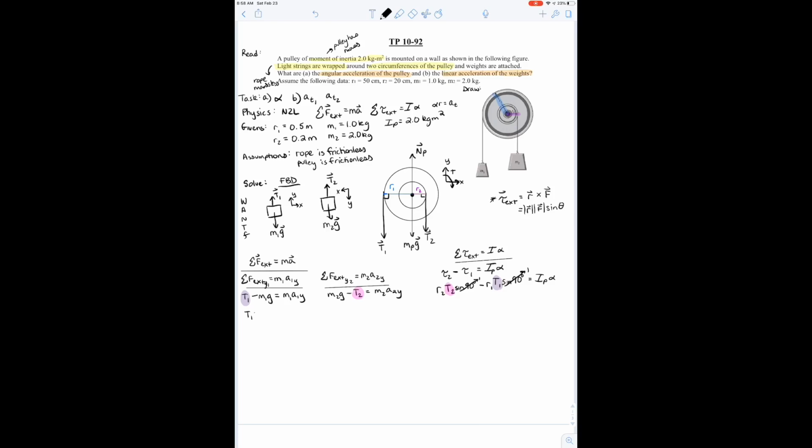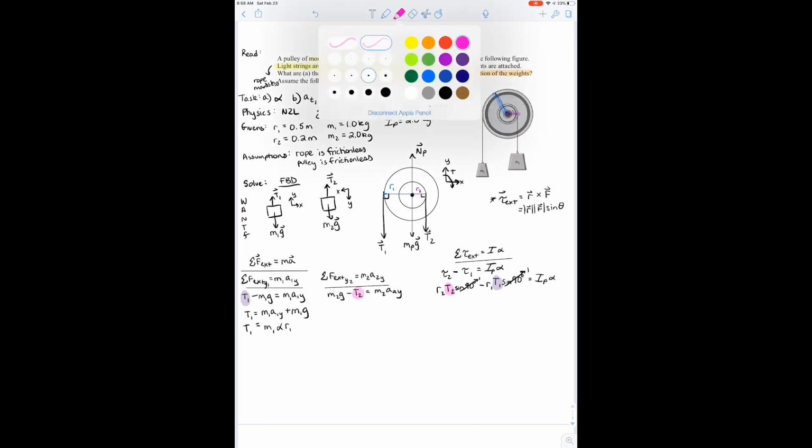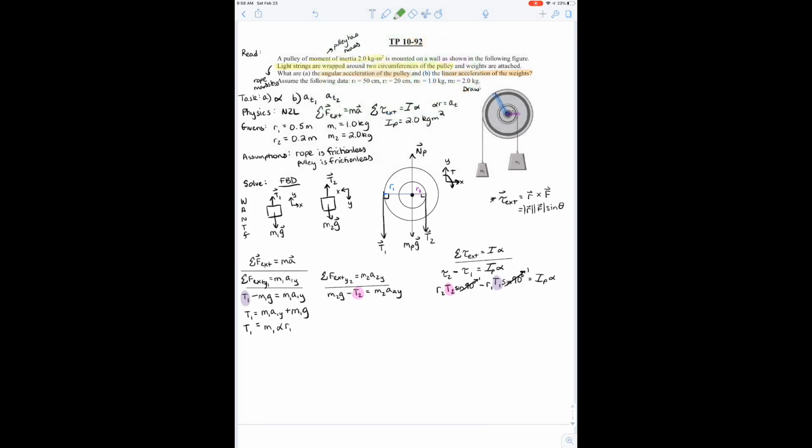I'm going to solve for T1, and then I'm going to have to do a conversion. That translational acceleration of mass 1, I'm going to convert that actually to angular acceleration. So that means I have angular acceleration times r1 using that link equation way up here.